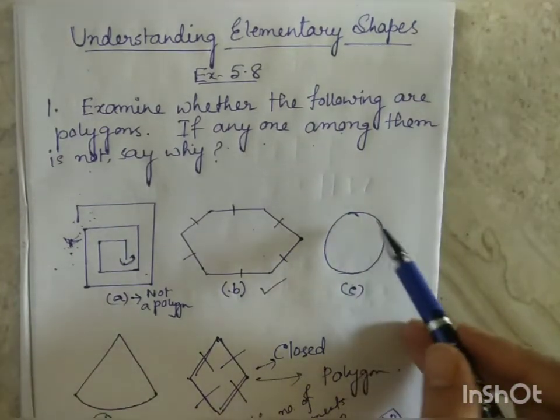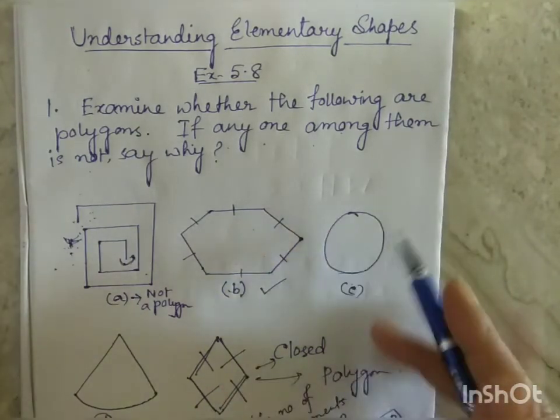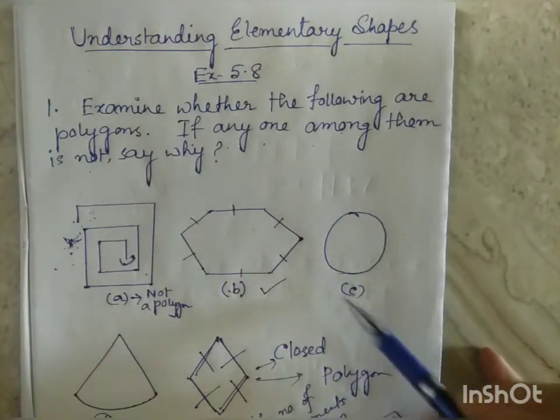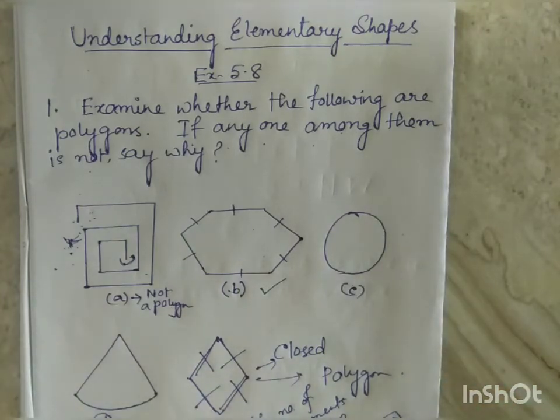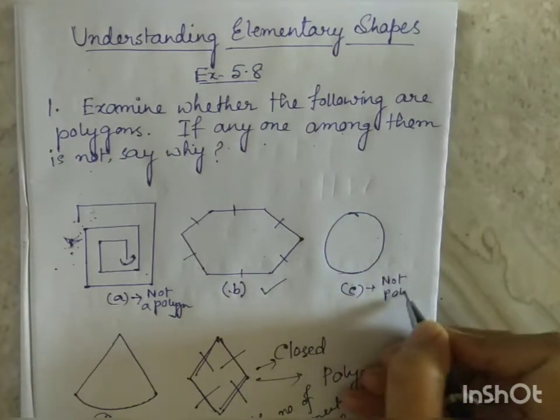This is a closed figure, it's true, but how can we get line segments here? Here we are getting curved lines, not line segments. That's why we can't call it a polygon.